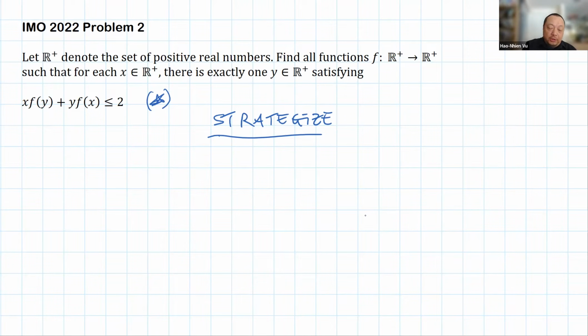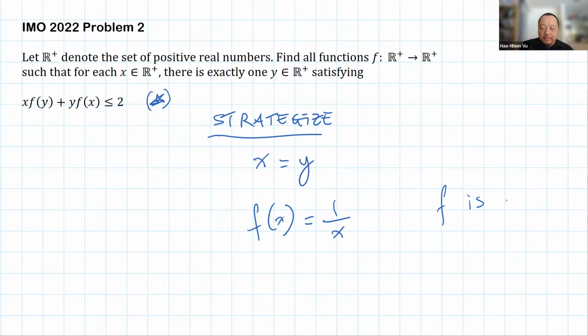So the strategy will now consist of 2 things. First of all, I'm going to prove that y equals x. And second, I'm going to prove that f(x) equals 1/x. So that's my goal. What I did was I played around with AM-GM a lot. I derived a lot of properties of f. For example, I figured out that f is decreasing.